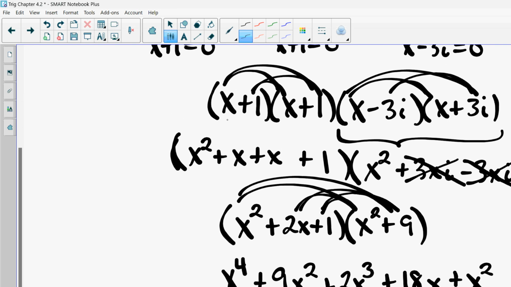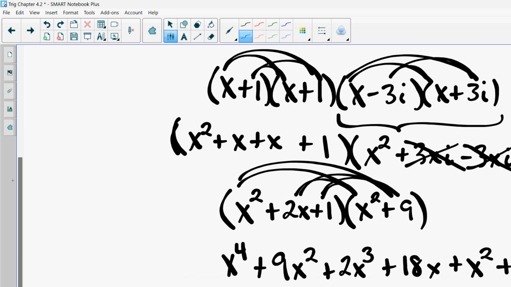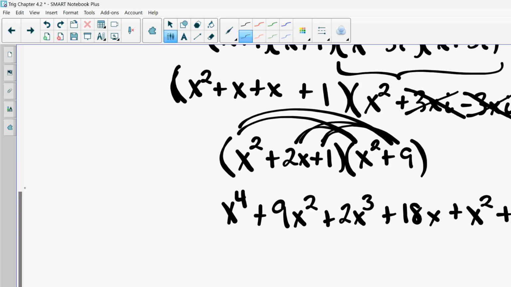And 1 times 9 is plus 9. X to the 4th, x squared, x cubed, x squared, 9. Yes. And the last thing we need to do is combine like terms.